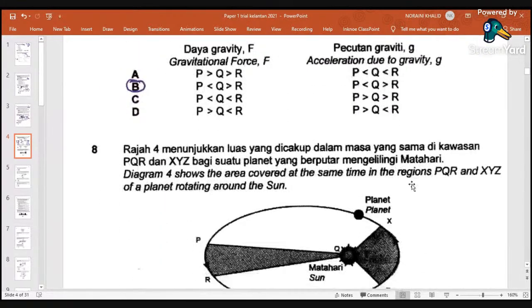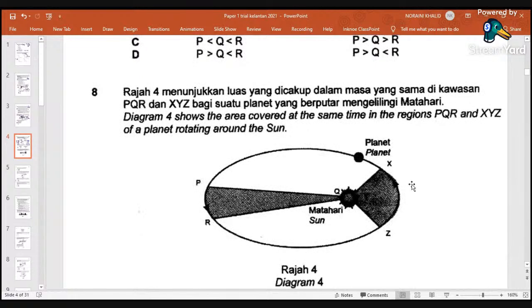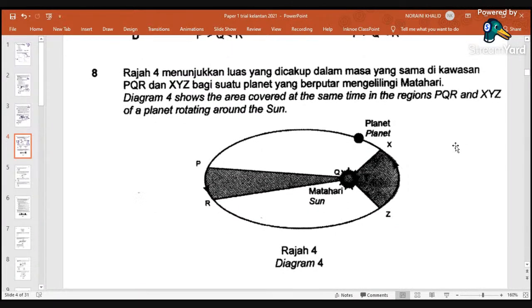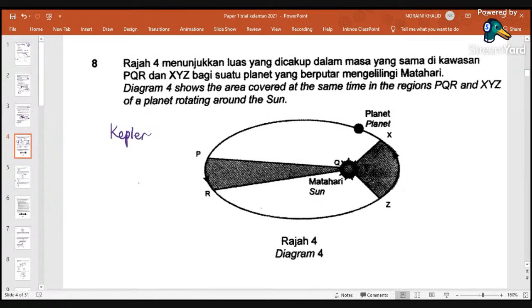Okay, number 8. Diagram 4 shows the area covered at the same time in the regions PQR and XYZ of a planet rotating around the Sun. So this one, I hope you still remember Kepler's second law. Area must be equal for the same time interval.